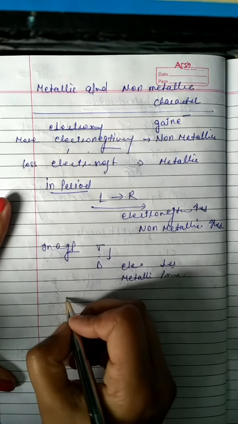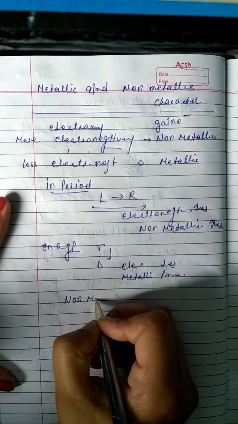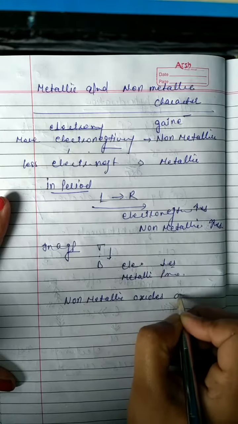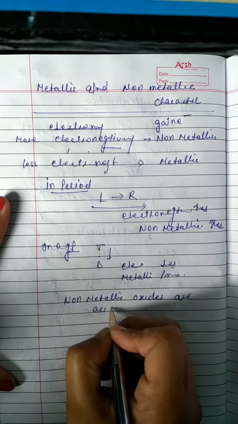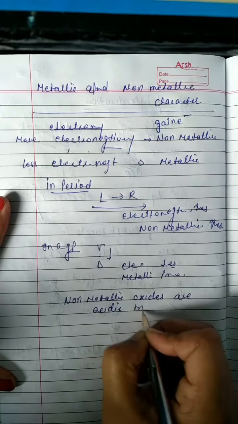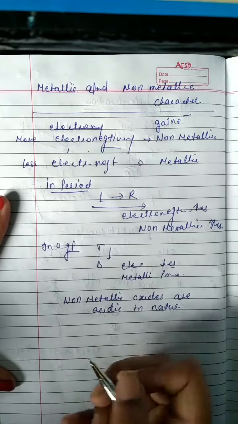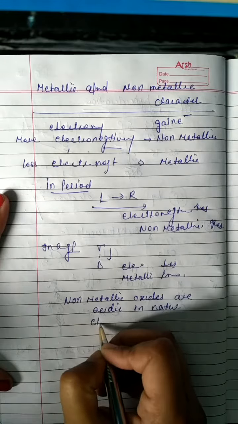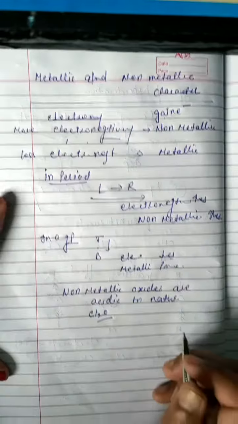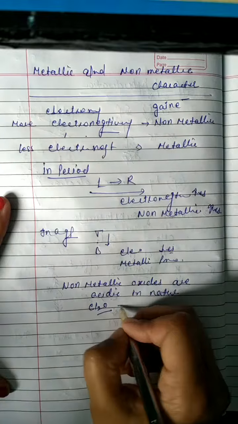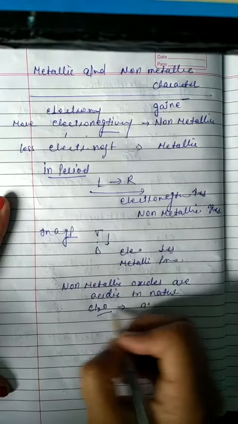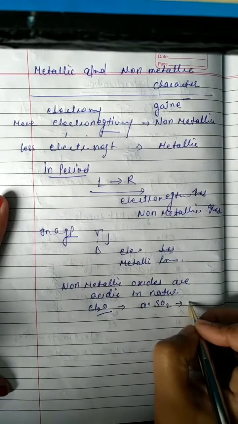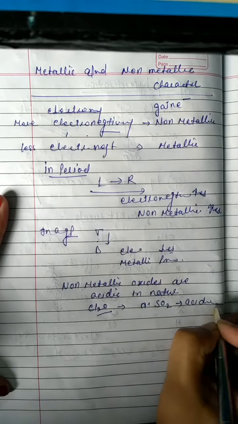And next, non-metal oxides are acidic in nature. If we are talking about the non-metals, that is Cl2O, clear? That is acidic, sulfur dioxide, okay. These are of acidic nature.